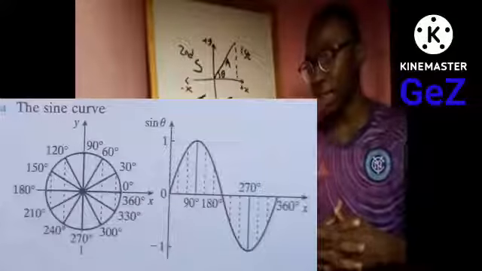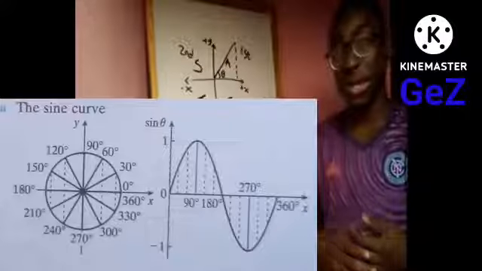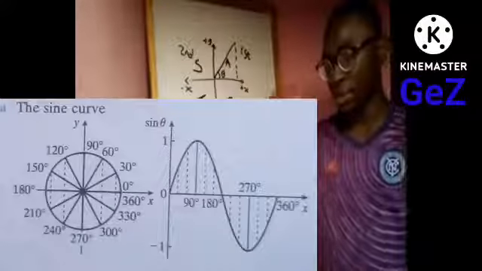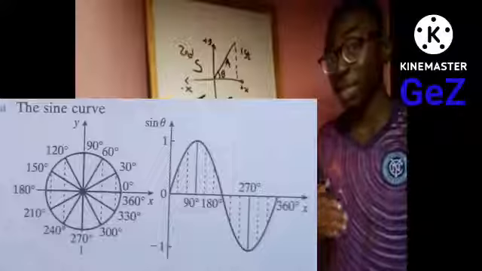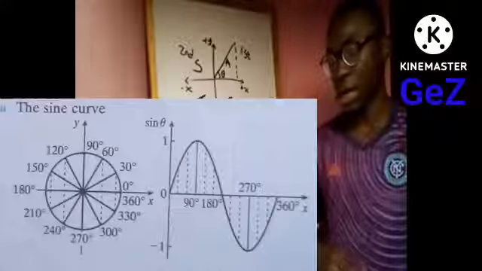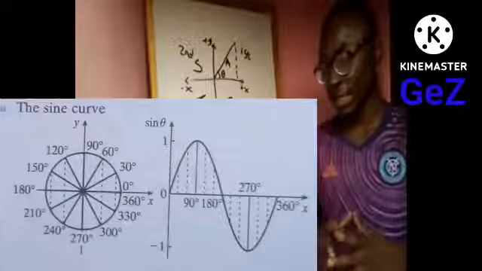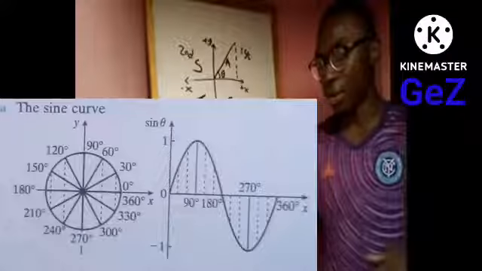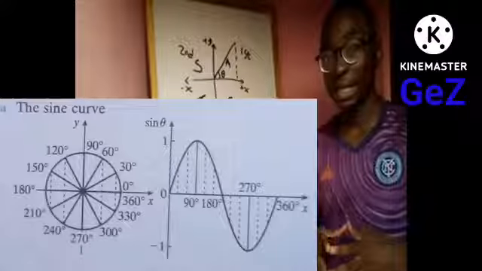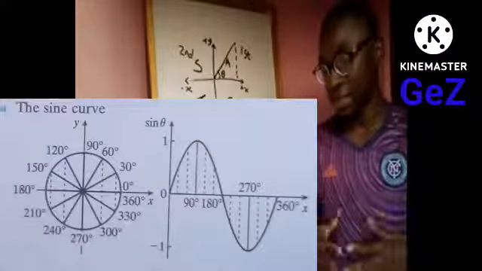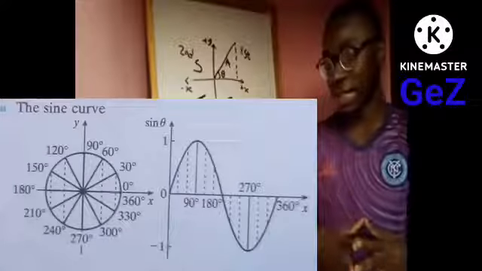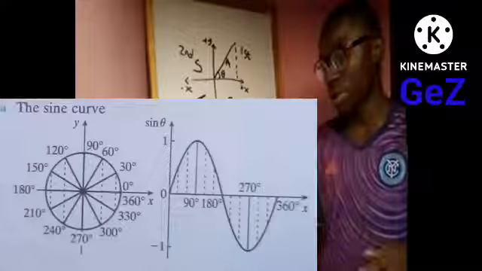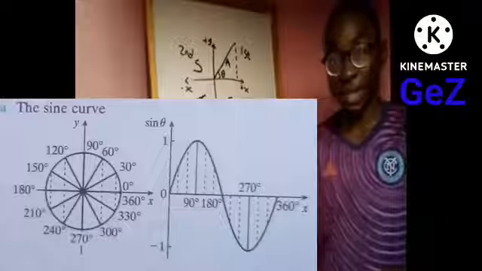In this case, you can see that our positive horizontal axis ranges from 0 to 90 to 180 to 270 to 360. Those are our values of the angles. Then you can see that when theta is 0, sin theta is 0. When theta is 90, sin theta is 1. So that is why it cuts the vertical axis at 1.